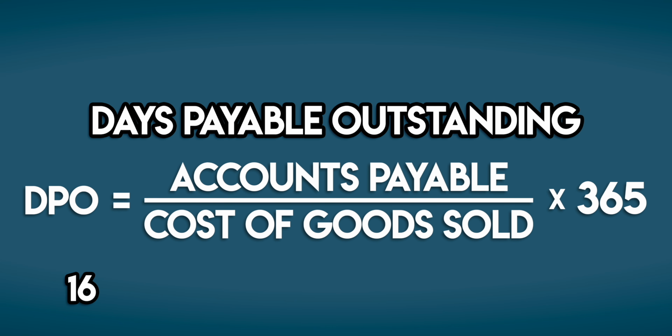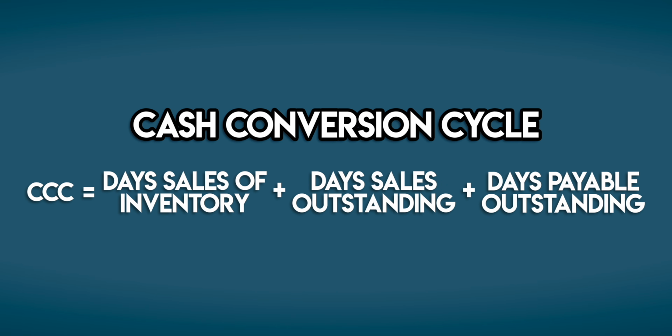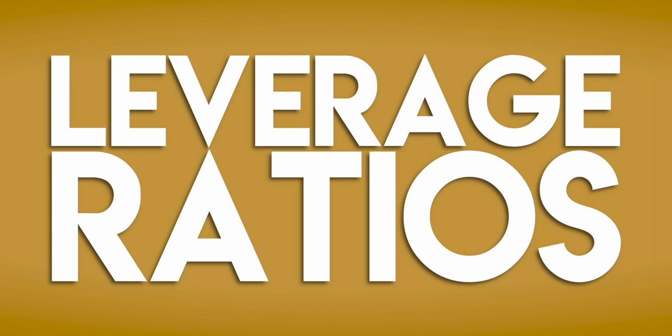It's the average payables payment period, the number of days it takes a business to pay its bills. Days payable outstanding is our 16th financial ratio and closes the loop on the cash conversion cycle. How long it takes a business to turn over inventory, collect cash on sales, and pay bills. Leverage ratios.